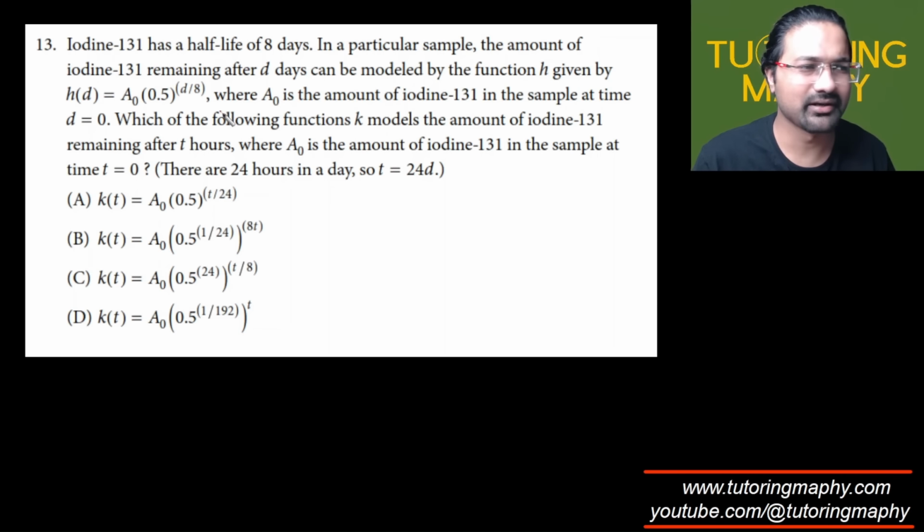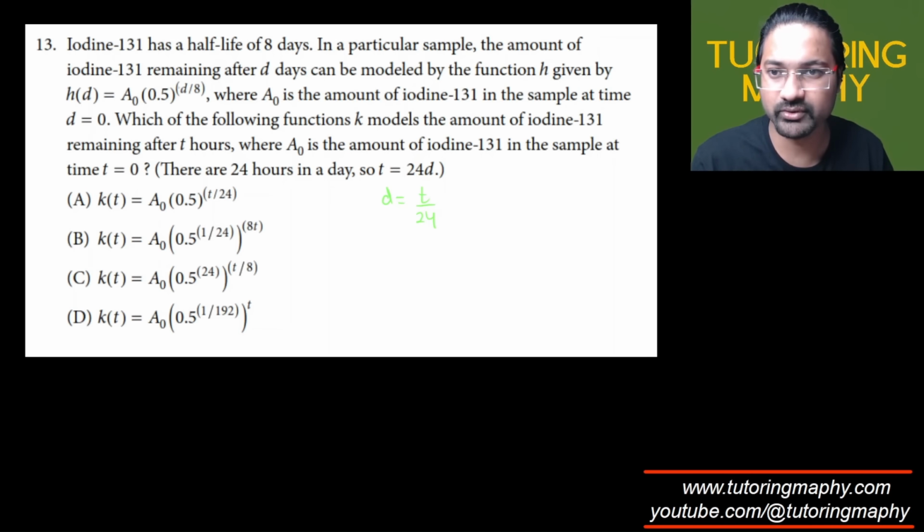I think what they are asking over here is just the conversion, because they have already given us h of d, where d is in number of days, and this gives us the amount of iodine remaining after d days. What they need from us is the amount of iodine remaining after t hours. So all we have to do is convert the days into hours, and we know that t is 24d, so the number of days is t over 24.